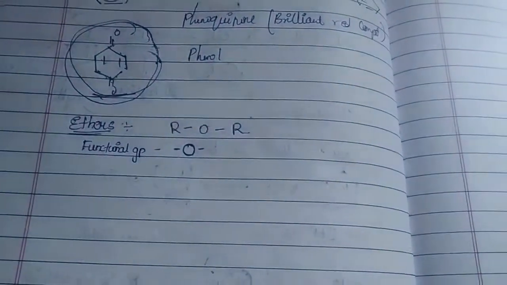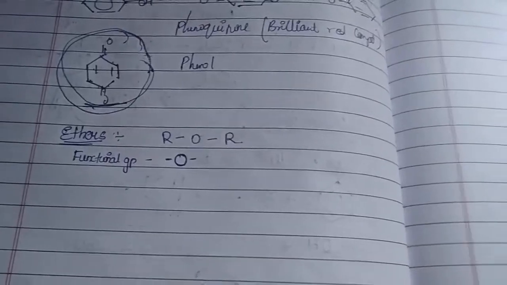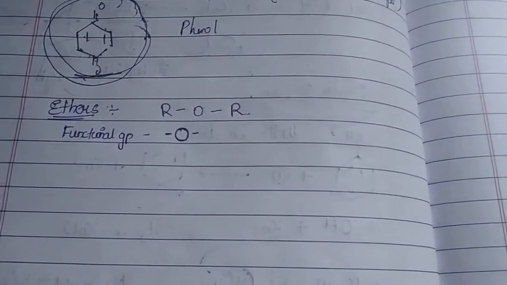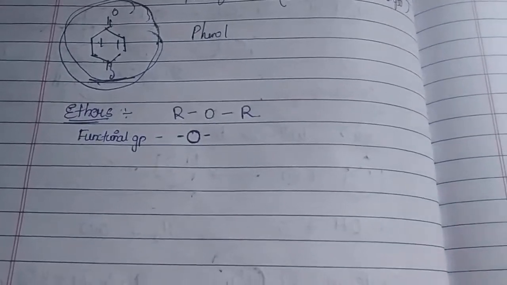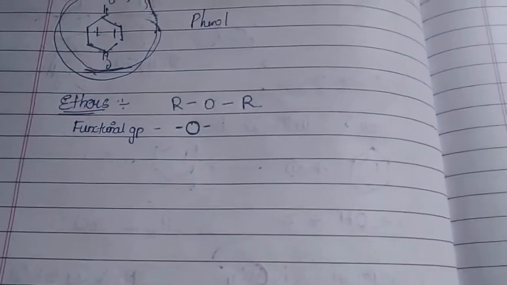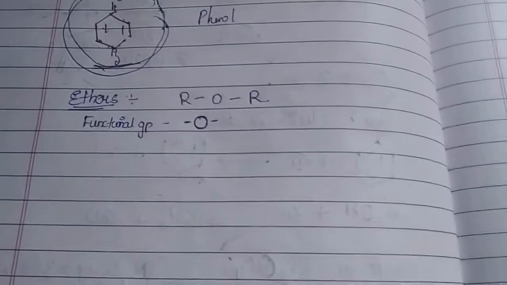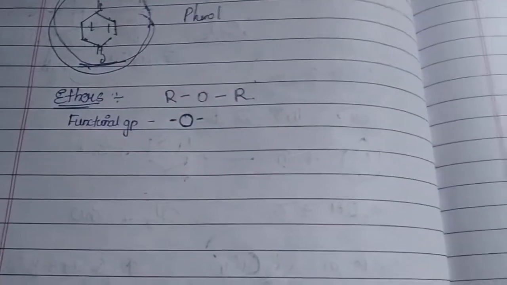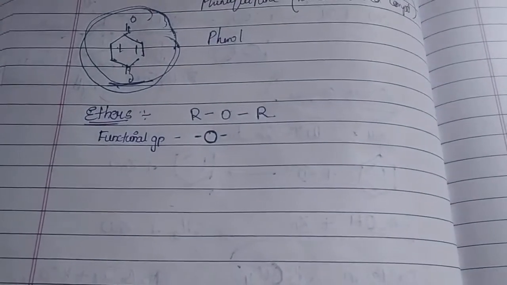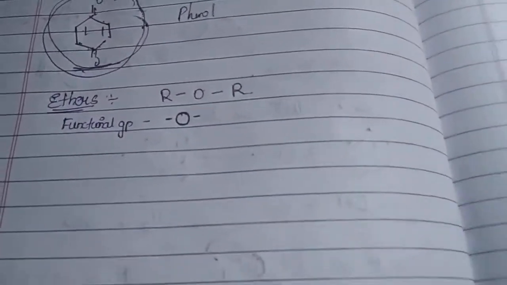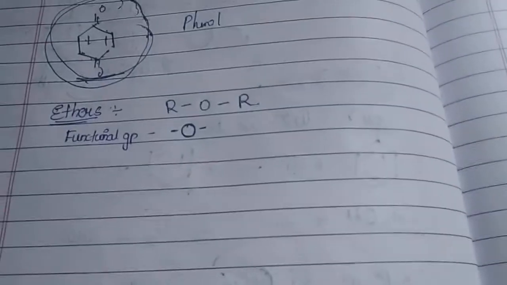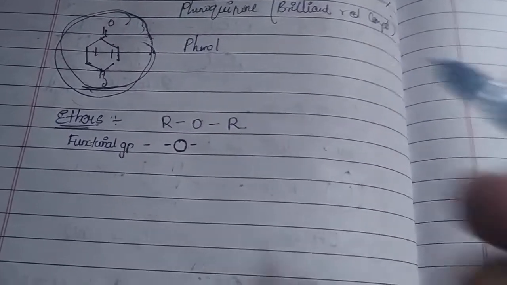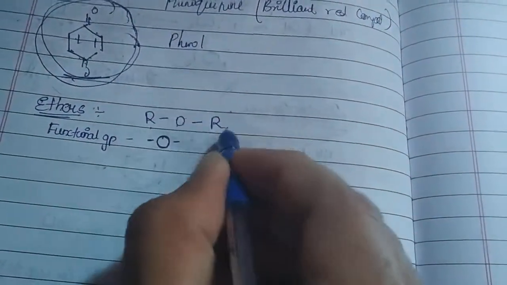But in some other books, they also say that in the ethers we are studying, this is not actually a functional group; instead, they are just substituents. Keeping both facts in mind, as I have mentioned, the general representation of ethers is ROR.